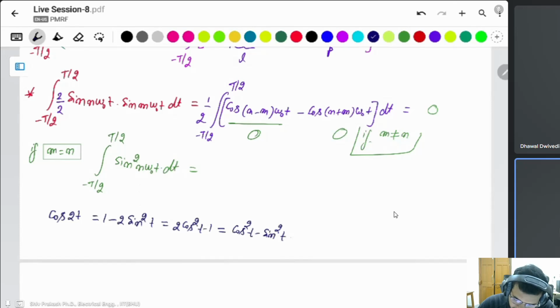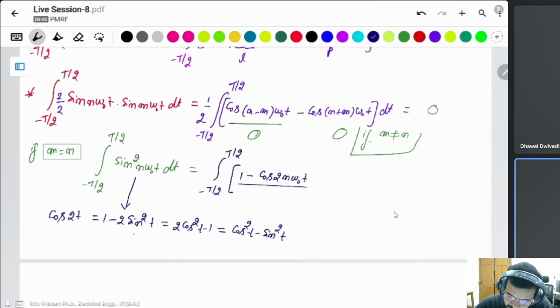In this case, you can use the formula 1 minus 2 sine square t. It means you can find sine square t from here. Then this will be integration of minus T by 2 to T by 2, written as 1 minus cos 2 n omega naught t, divided by 2, dt.